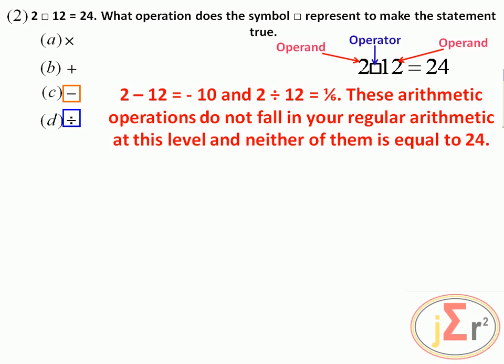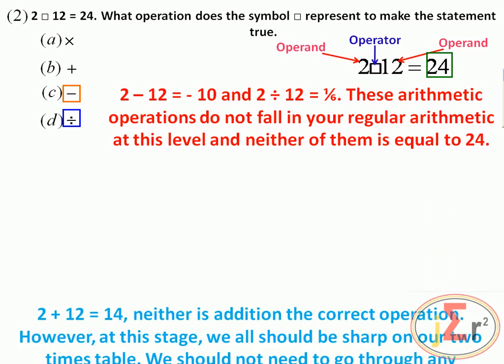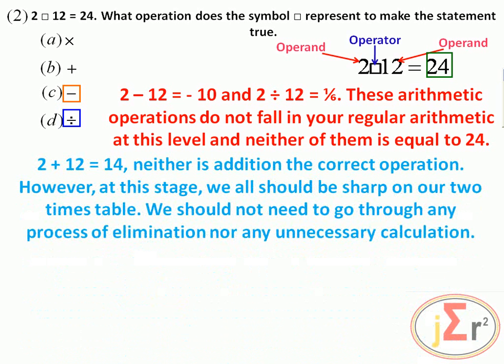So if we take a look at the subtraction or the division, we will go through a process that is not in touch with your mathematics at this level. Furthermore, the operation will not give 24, so those are not correct. 2 plus 12 is equal to 14. Neither is addition the correct operation.